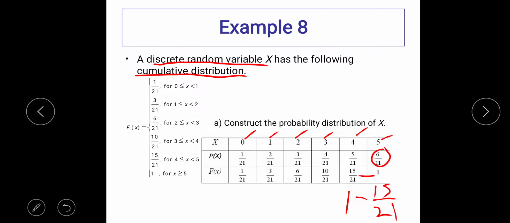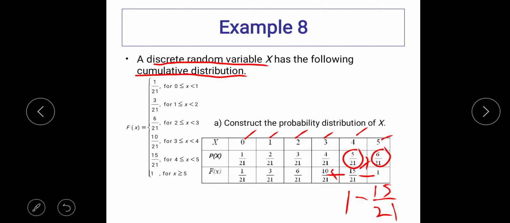So you minus this value here, and then you get this. Alright, and then 15 over 21 minus 10 over 21, you get this value here.